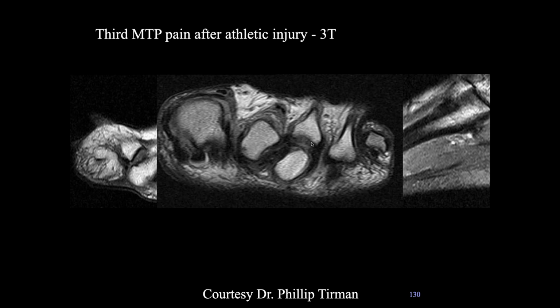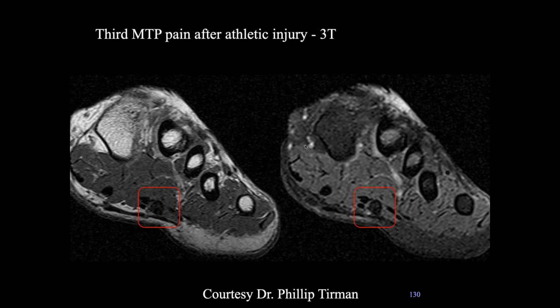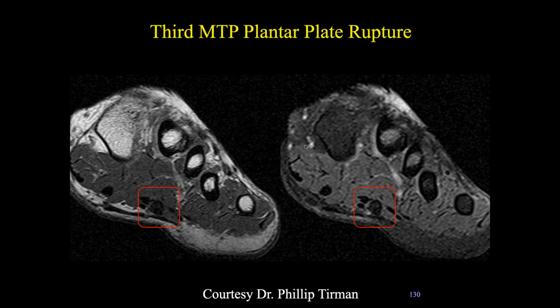There should be a complete tear of the plantar plate and dislocation of the proximal phalanx, and here we can see thickening of the third digit flexor tendon, so it's retracted and thickened from the rupture and from the dislocation.